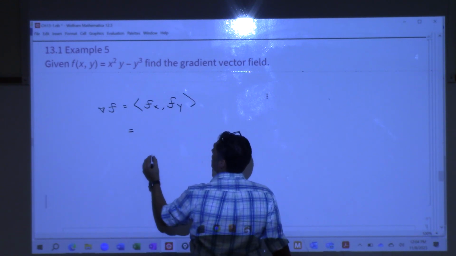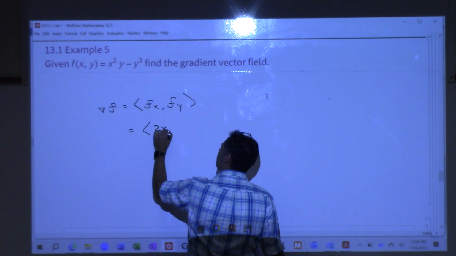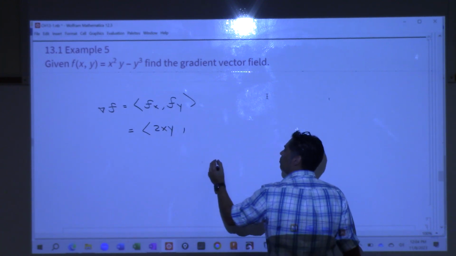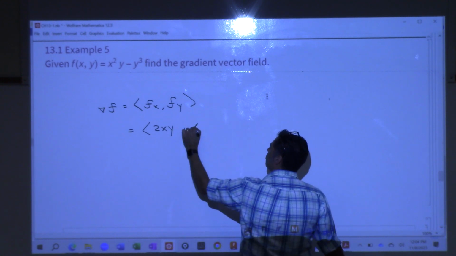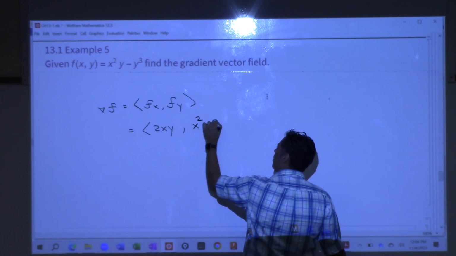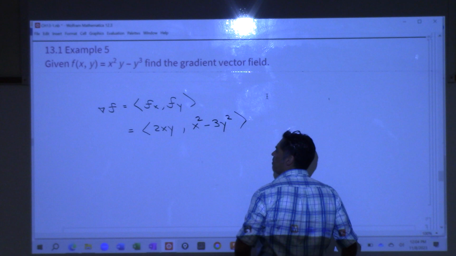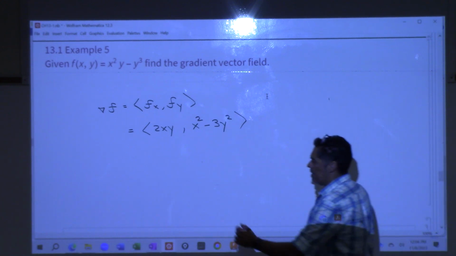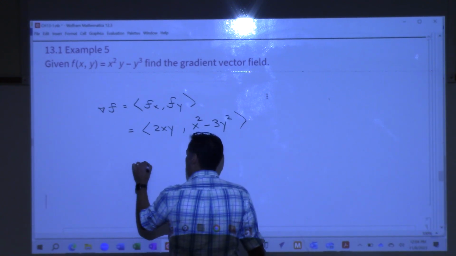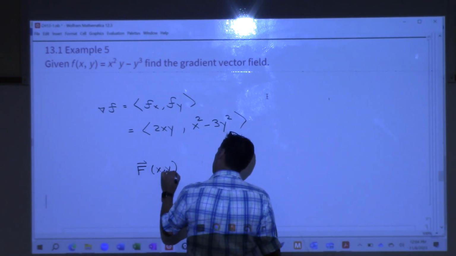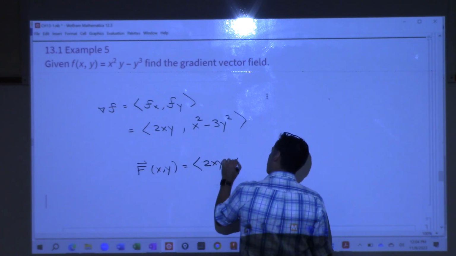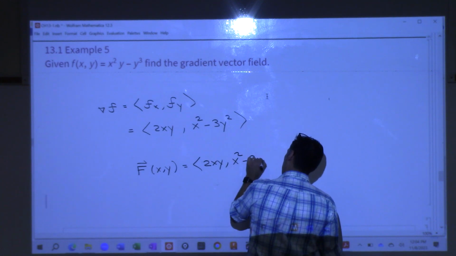And for us, that would be 2xy, x squared minus 3y squared. That would be the gradient vector field. So we could define this to be our capital F of x, y equals this: 2xy, x squared minus 3y squared.